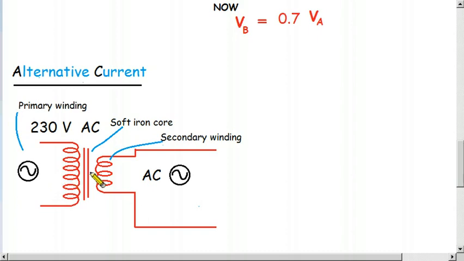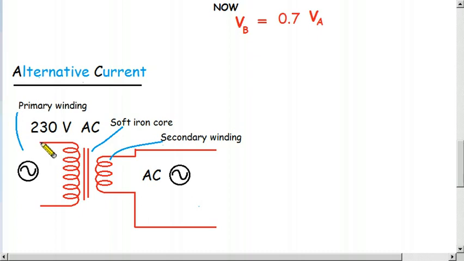This is the symbolic diagram of a transformer. This left side coil is called the primary winding or primary coil. This right side coil is called the secondary winding or secondary coil. The medium in between these coils is called the soft iron core.